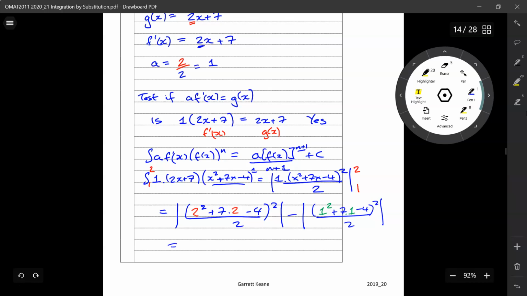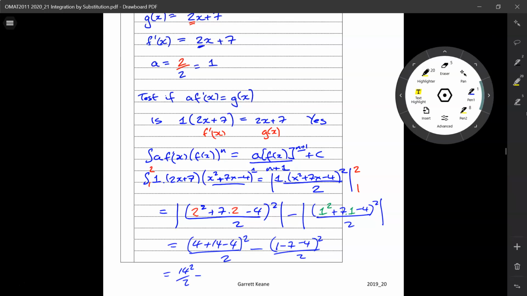And that gives me 4 plus 14 minus 4 all to be squared over 2, minus 1 plus 7 minus 4 all to be squared over 2, and this gives me 14 squared over 2 minus 10 to be squared over 2.